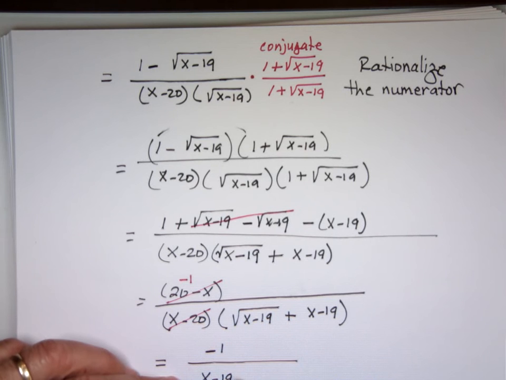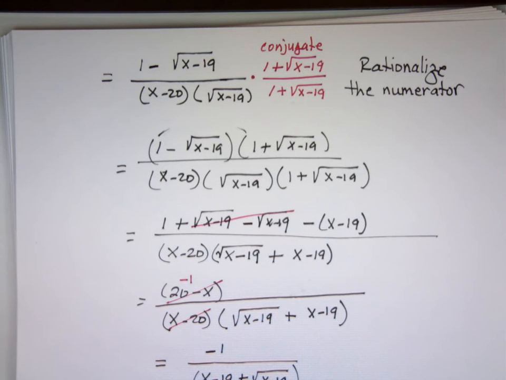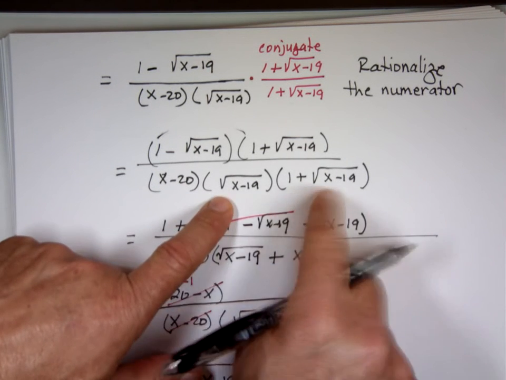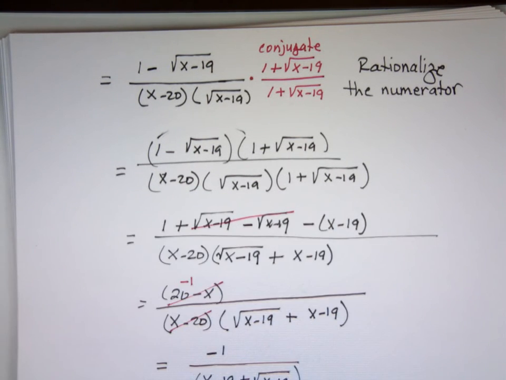Plus the square root of x minus 19. Or I could have left it like this, this times that, if I want to. You can cancel. Yeah, if they're backward and you cancel them, it's always a minus 1.